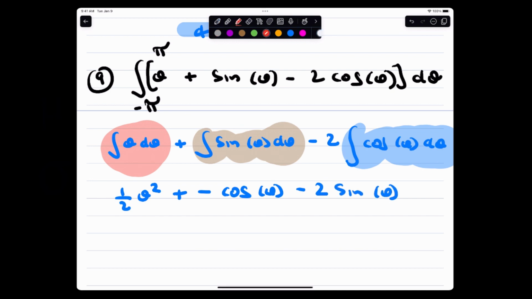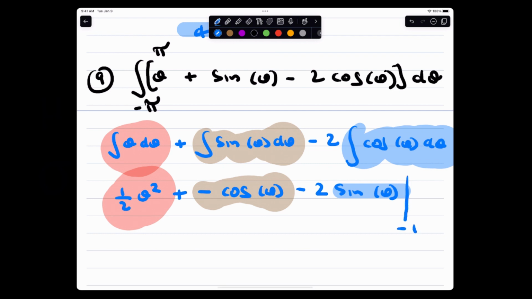So let me get out my colors so you can see everything here will be an antiderivative. And again, you evaluate this from what? Negative pi to pi.